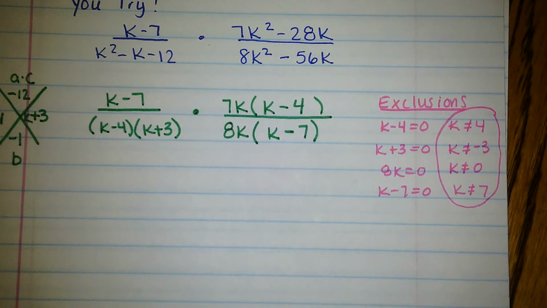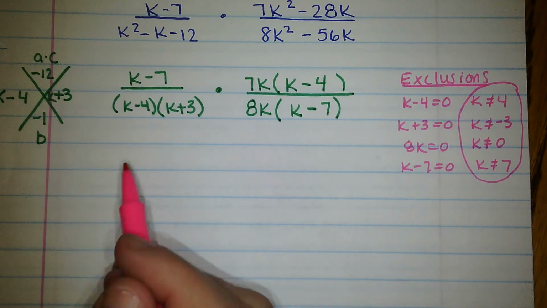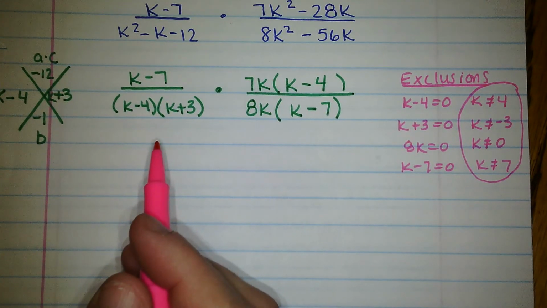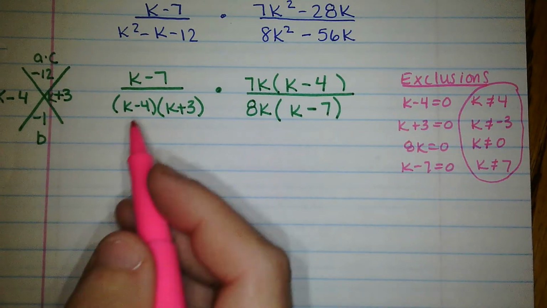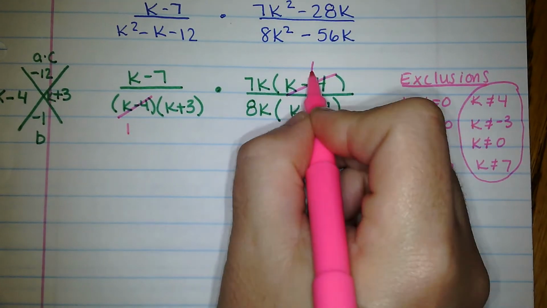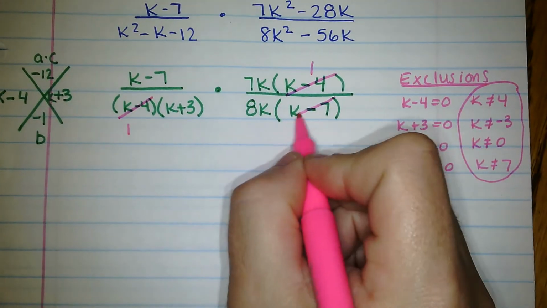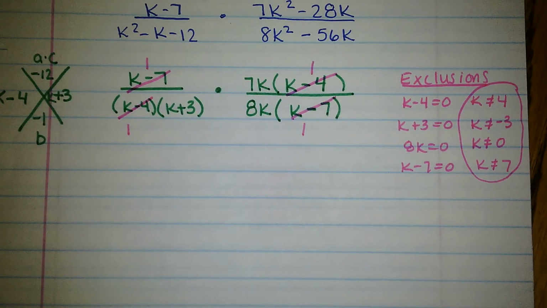Okay? So now that we're done with our exclusions, we can go back and start reducing. Remember that we can only reduce doubles with doubles if they're top to bottom and identical. And check out what we got. We got a k minus 4 and a k minus 4. They're identical. We've got k minus 7 and k minus 7. They're identical. And I think that's it for the doubles.